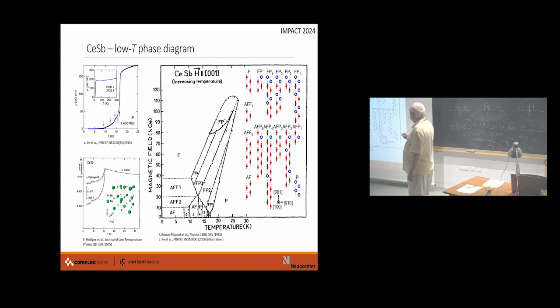The transition is quite strongly coupled to transport and electronic properties, and there is also weak coupling to the lattice, where the high temperature rock salt cubic structure becomes slightly tetragonal in the magnetically ordered states.